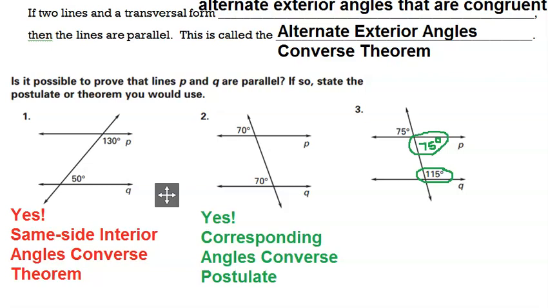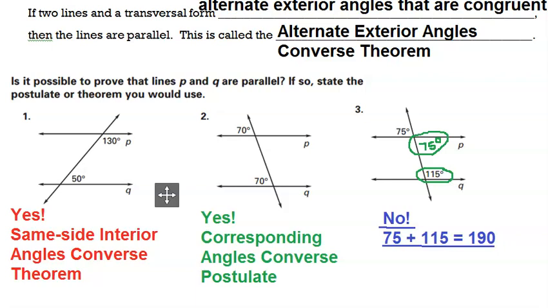We got 190. That is a no-go. So, is it possible to prove that lines P and Q are parallel? No. It says, if so, state the postulate or theorem you would use. Well, it's not possible because 75 plus 115 equals 190, and that's not what we wanted.